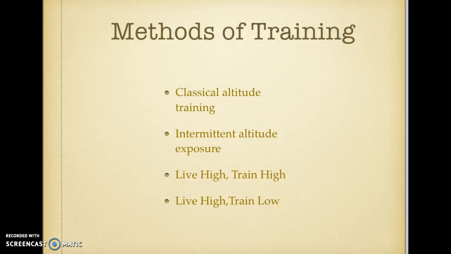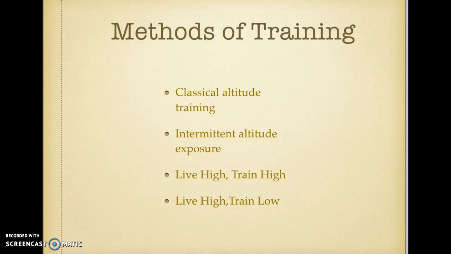Intermittent altitude exposure is a less efficient and effective way of training, and it is at a lower altitude. The chance of illness and mistraining is lower, but it's also not an effective way to train because a lot of the improvements you want to see you may not see at this altitude.